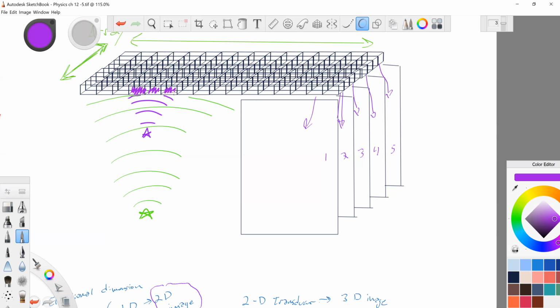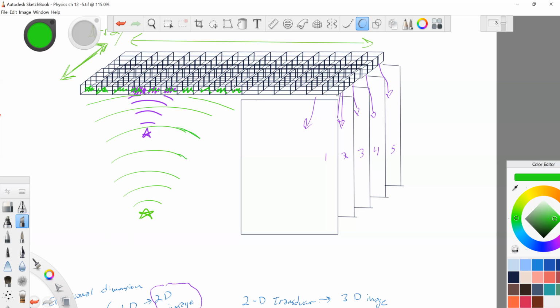And for the green echo, now we're filling in 1, 2, 3, 4, 5, 6, 7, 8, 9, 10 elements. So it's a variable aperture, a dynamic aperture.